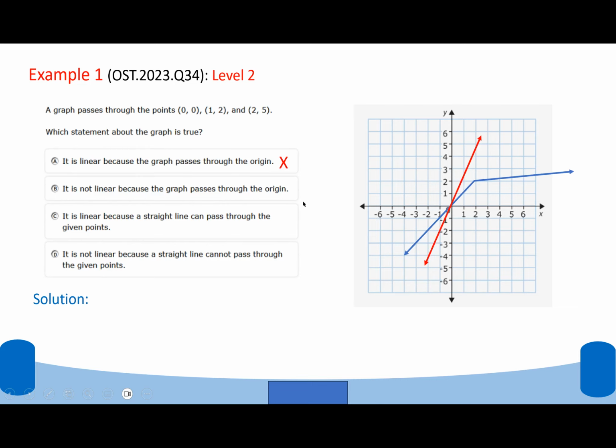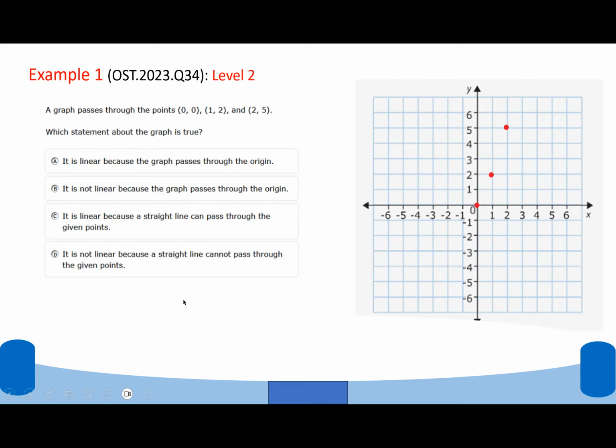So these 2 options are not valid at all. Now you have 2 possibilities: either a line passes through the 3 points, or it doesn't. Therefore, we can determine whether the function is linear or not.